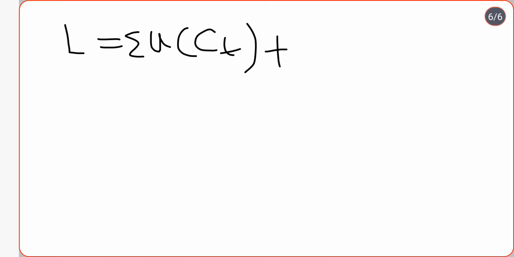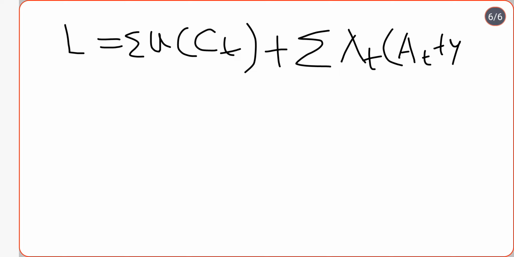the constant, but here the constant will be written in the summation form, and the lambda is not constant here. It is basically a part of dynamic optimization, that's why lambda is not constant here, and lambda is within the summation. And the constant is basically at plus yt minus ct minus a t minus 1.